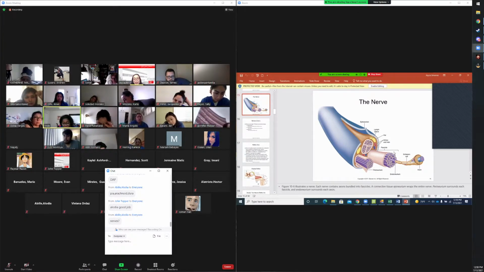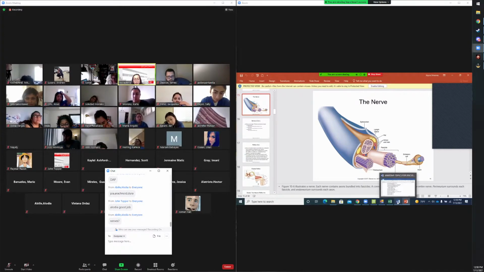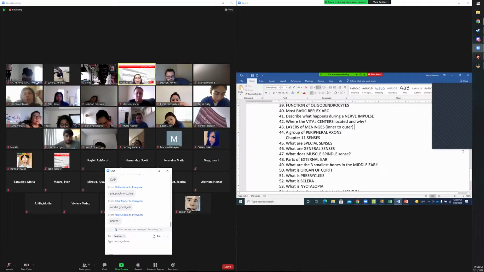It's like a cord, no? A group of peripheral axons. When you see a cord and it's covered, there's a lot of fibers in there.